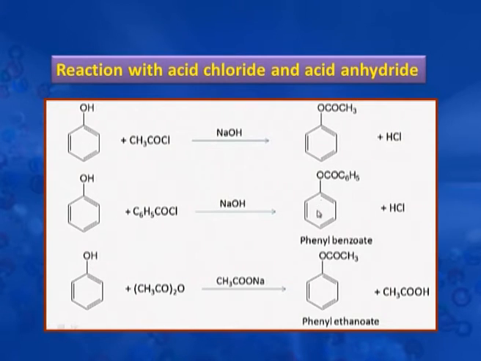We get phenyl ethanoate with ethanoyl chloride and phenyl benzoate with benzoyl chloride. Similarly, in the reaction of phenol with ethanoic anhydride, we get phenyl ethanoate as the product.